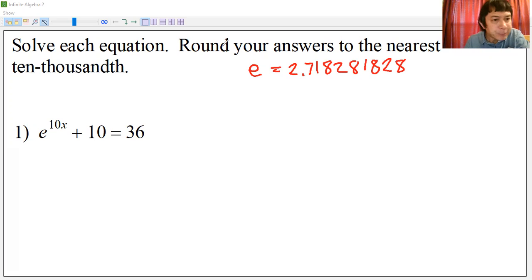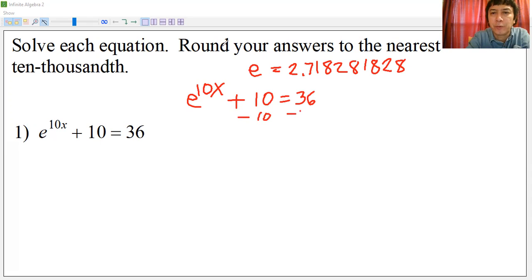All right, so we shall solve this equation. The given equation is e to the 10x plus 10 is equal to 36. First, you copy the problem. Next step is to isolate the term with the x. We shall subtract 10.